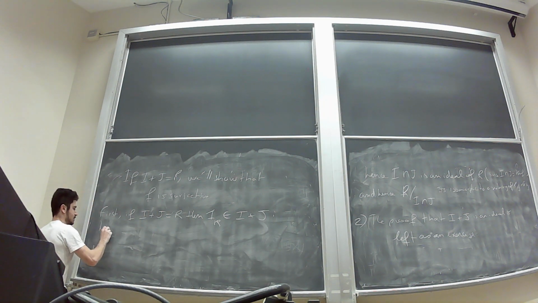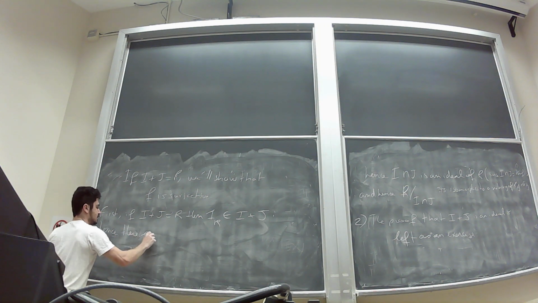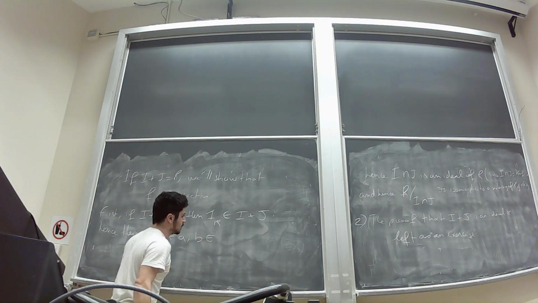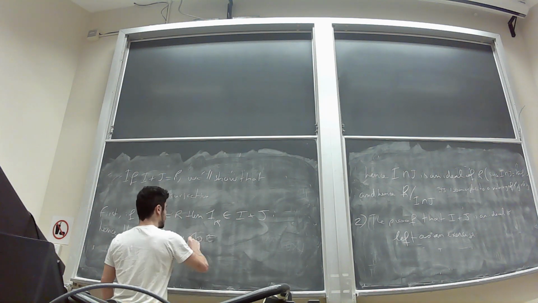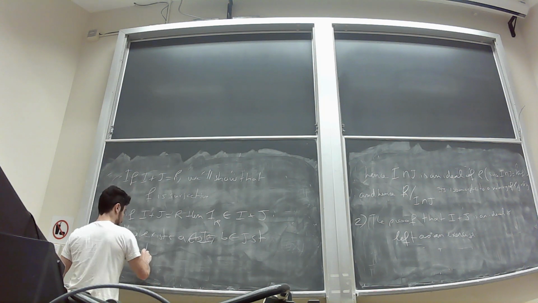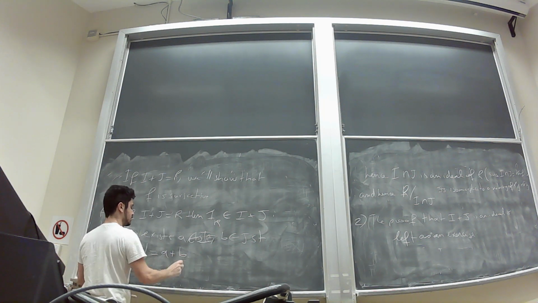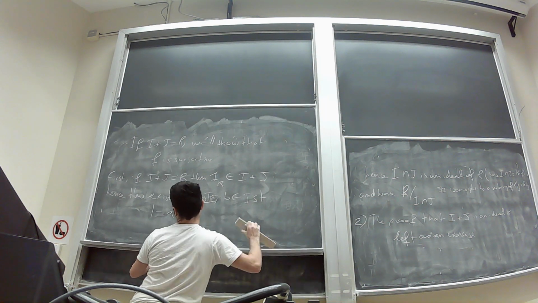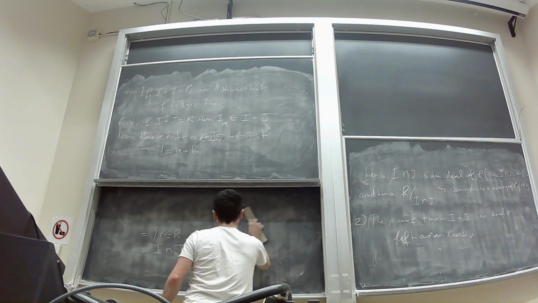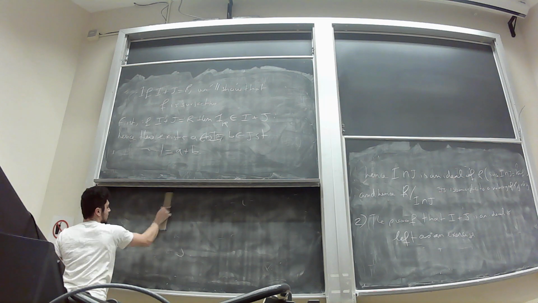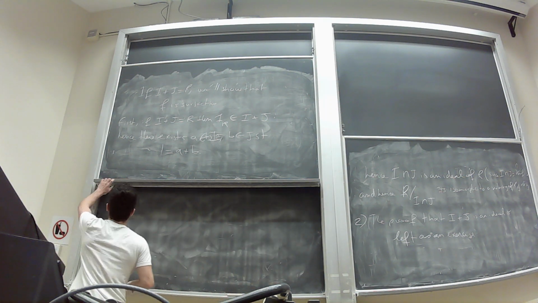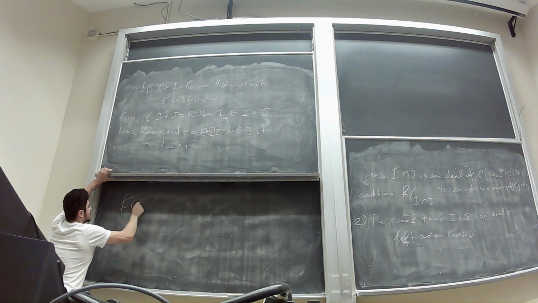Hence, there exist a in I and b in J such that 1 is equal to a plus b. Okay? Now let's look at f of a. What is f of a?